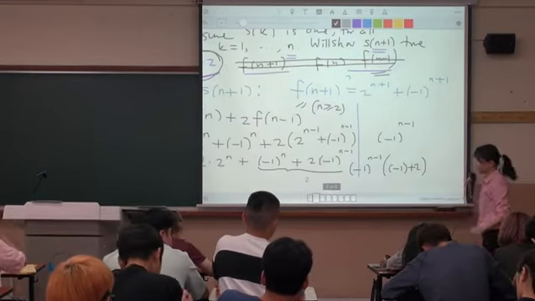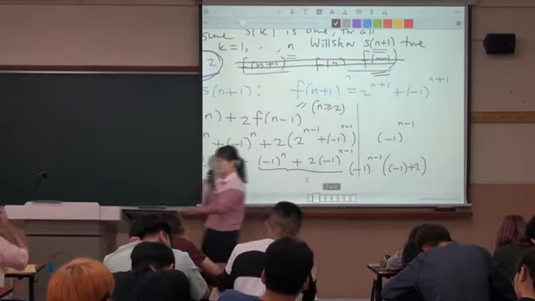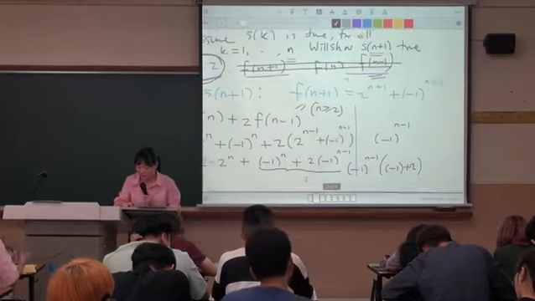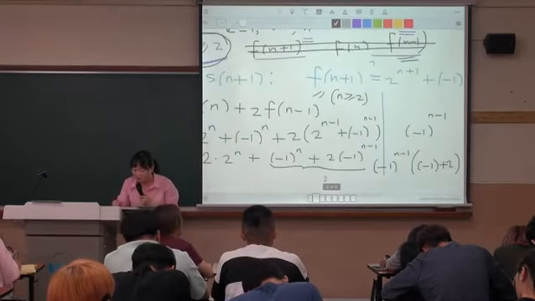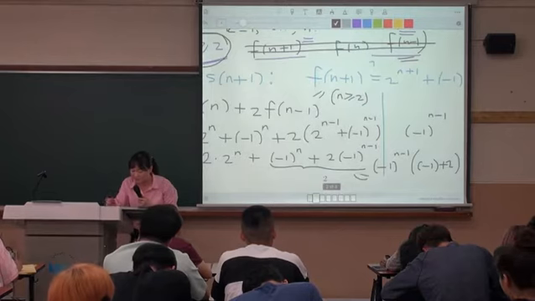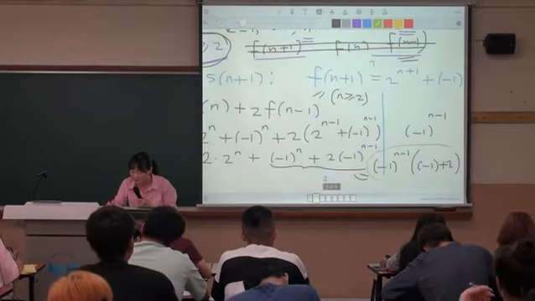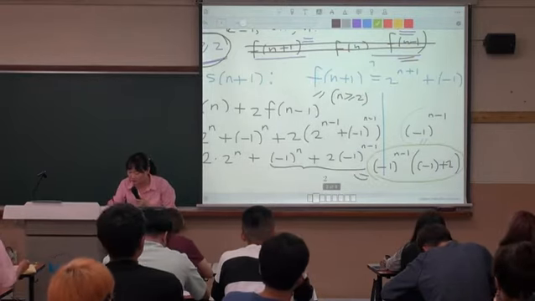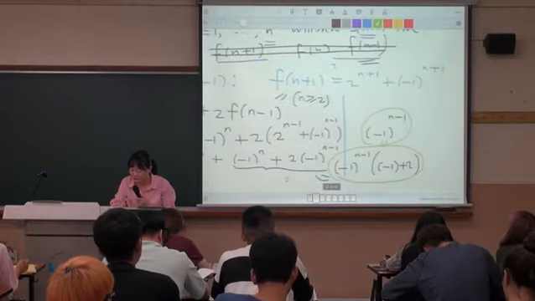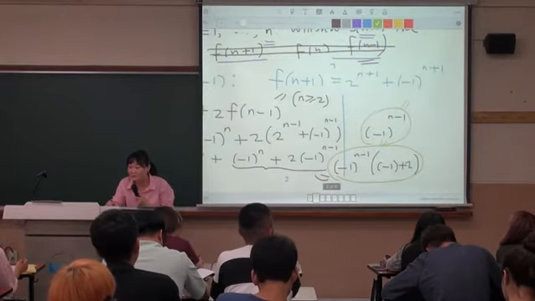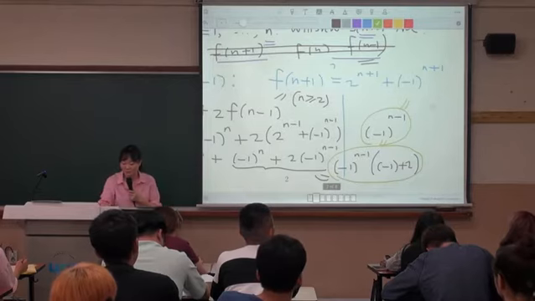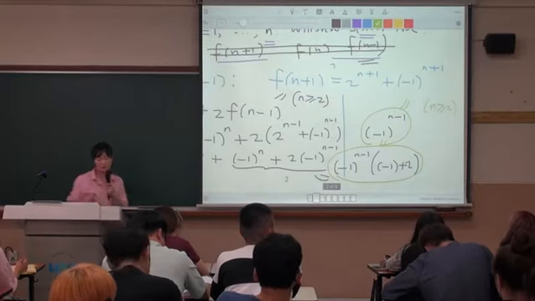Yeah. So, the last two terms equal to this, and this is equal to this, and this is equal to this. For n bigger than or equal to 2, they are the same.